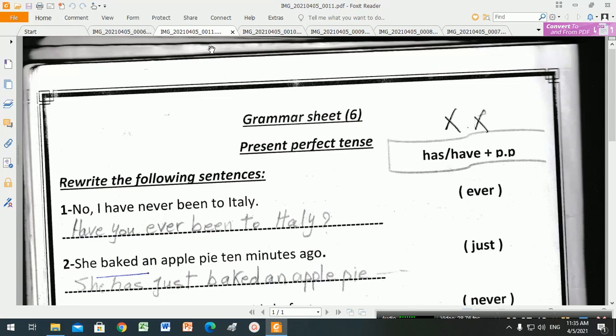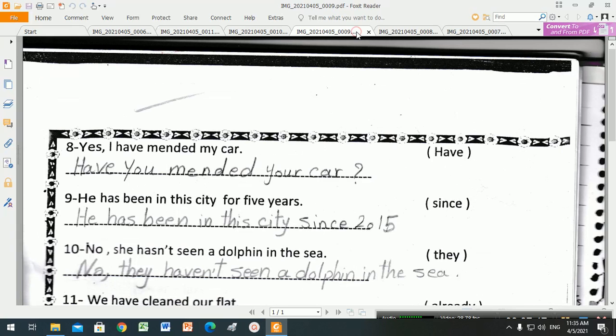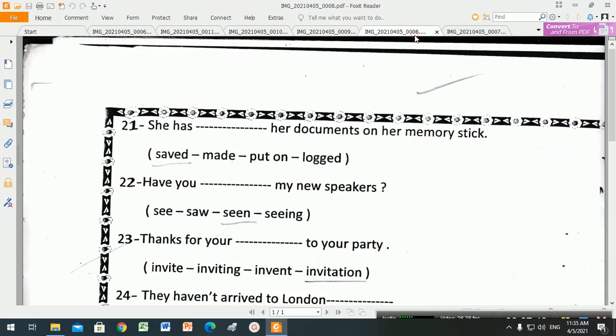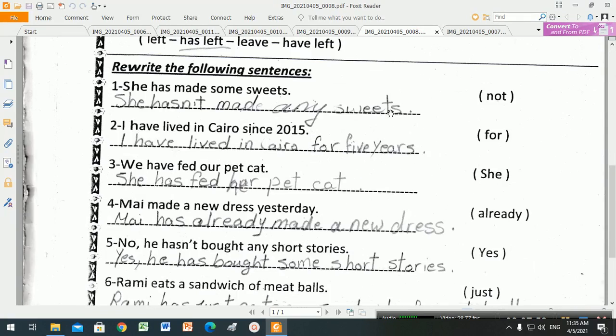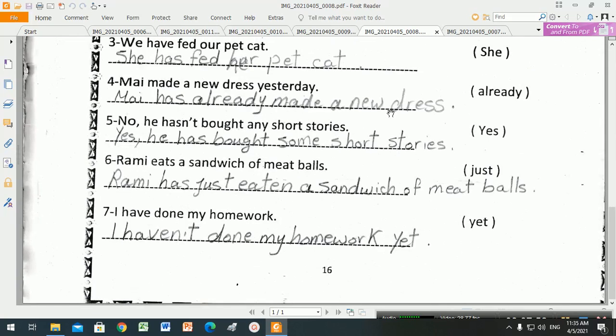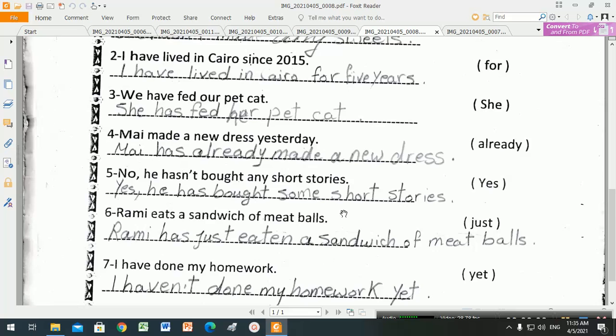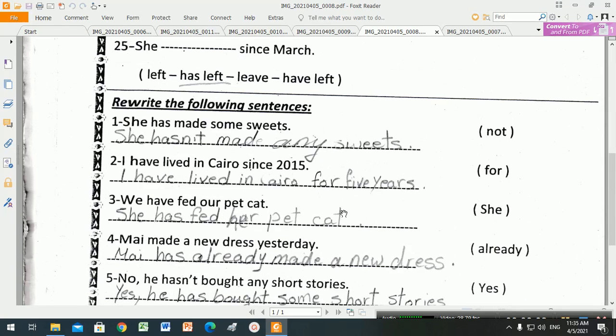Okay, let's start to solve some exercises. Here, from the booklet, this is from the booklet, page 16, the new one, البوكلت الجديدة بتاعت السنة دي. Okay, بتاعت الترم التاني يعني. Here, number 1. She has made some sweets, and between brackets, not.